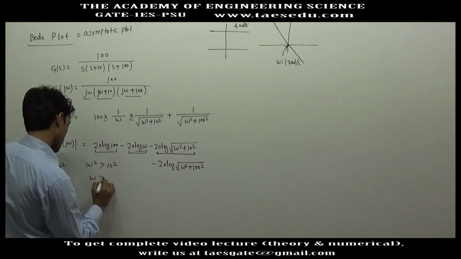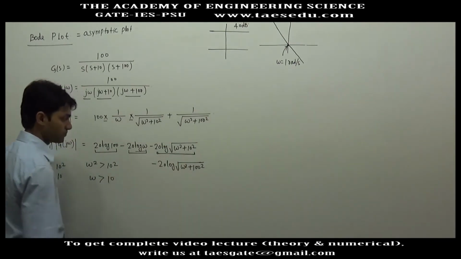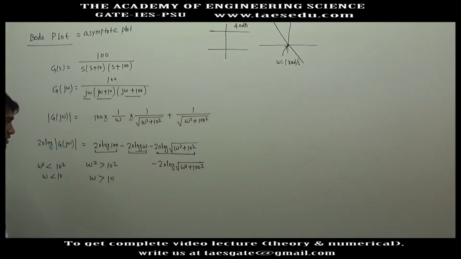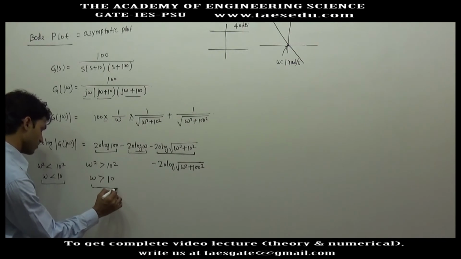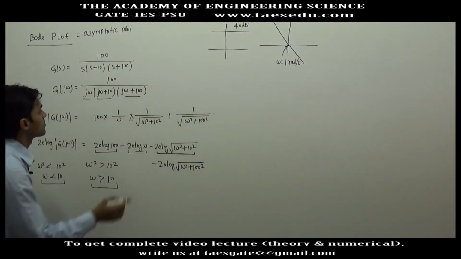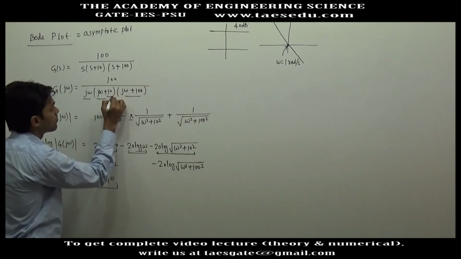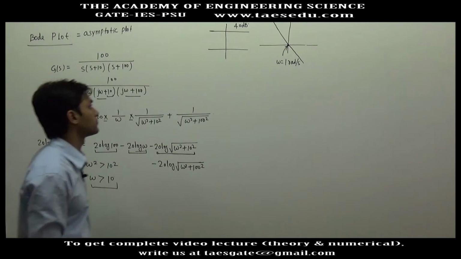The other gives omega greater than 10. There will be two asymptotes as we did in the previous example. For the two cases we will have two asymptotes. The first asymptote will be valid in this region and the second asymptote in that region. So what is the boundary? The boundary is nothing but the pole, or the corner frequency will be at the pole.